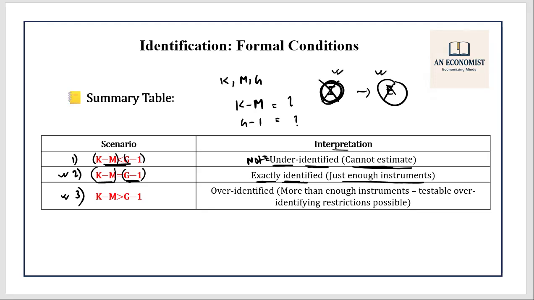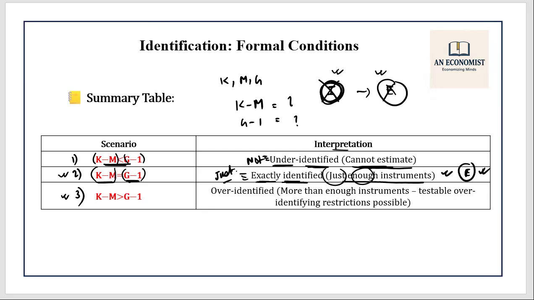If your model is exactly identified, it qualifies for estimation. Exactly identified is also named just identified. If this is the case, then you have just enough instruments to identify your model. And since the order condition is satisfied here, you can go into estimation.